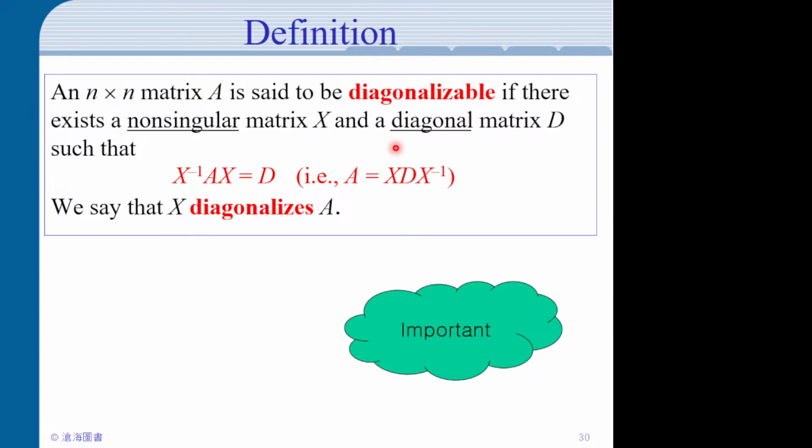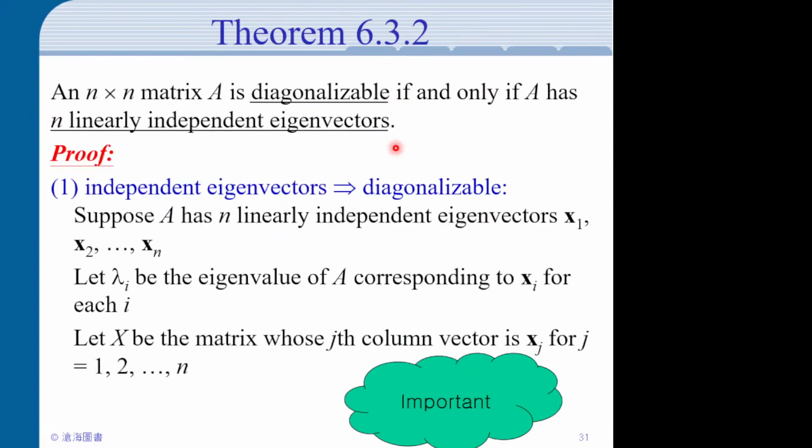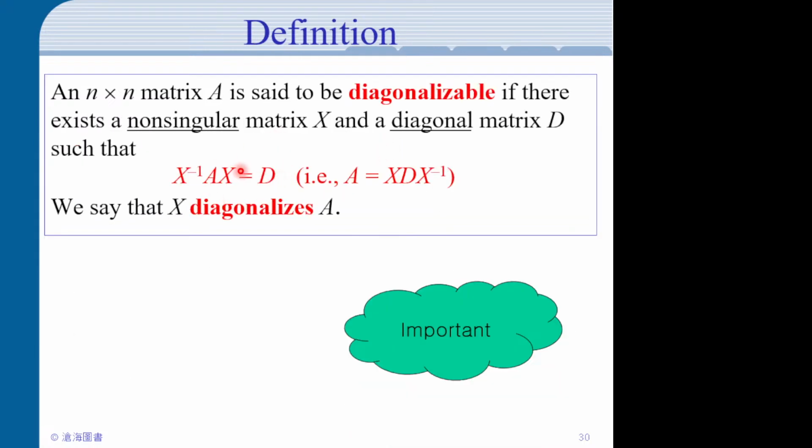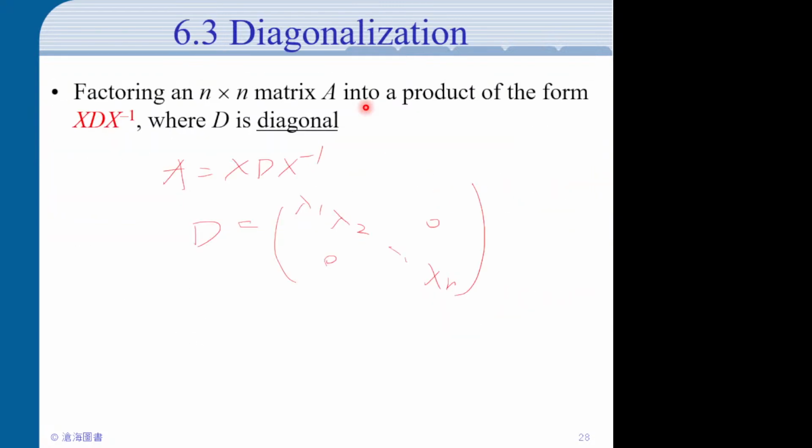So here is the remainder of the definition of the diagonalization. Diagonalization is you want to find some matrix X such that X inverse A X equals D, or A equals X D X inverse.